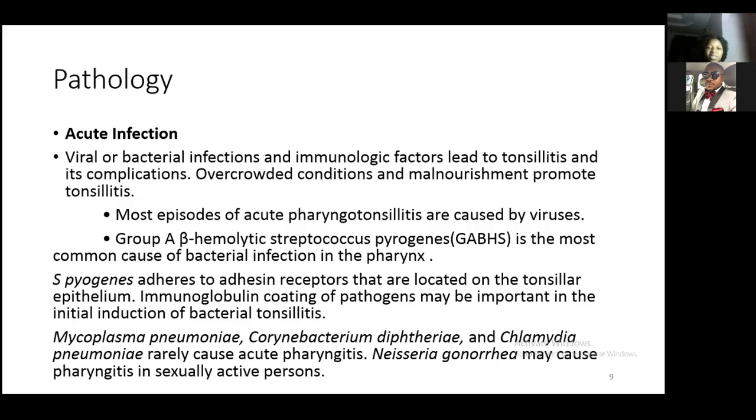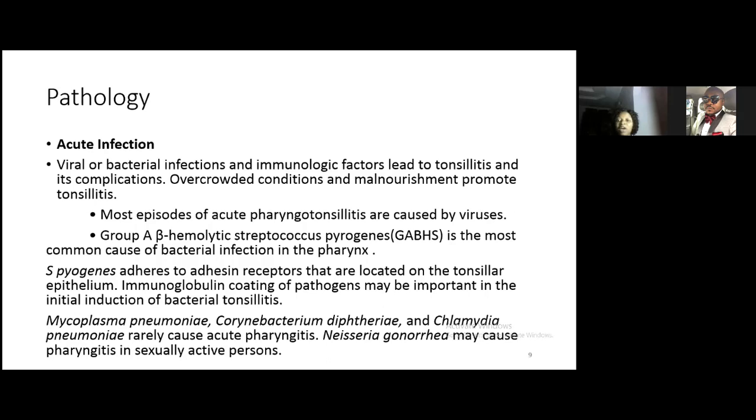Group A beta hemolytic Streptococcus pyogenes is the most common cause of bacterial infection in the pharynx. Strep pyogenes adheres to the adhesin receptors located on the tonsillar epithelium. The immunoglobulin coating of the pathogens may be important in the initial induction of bacterial tonsillitis.